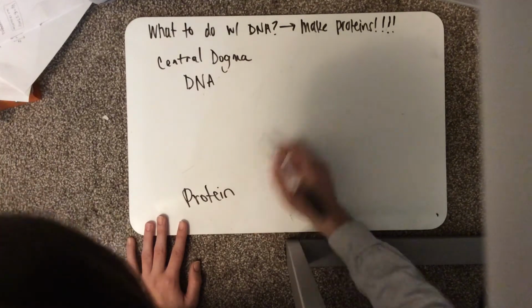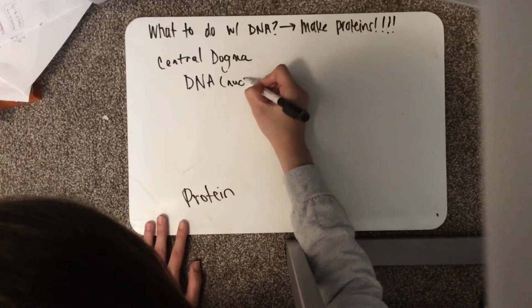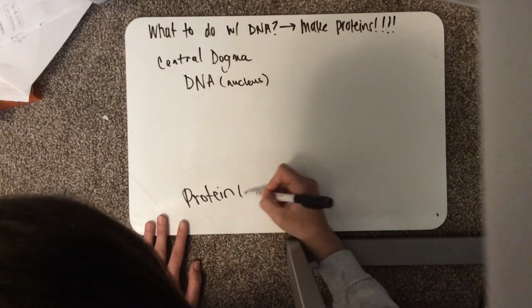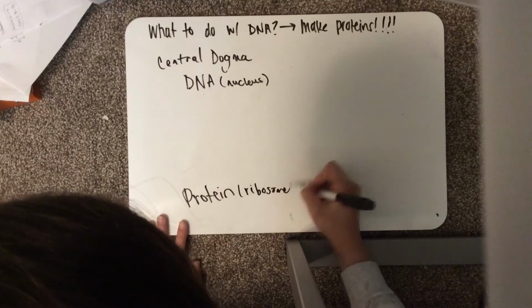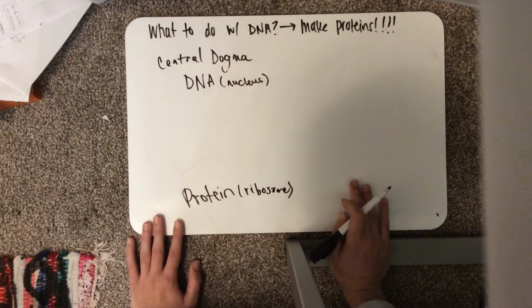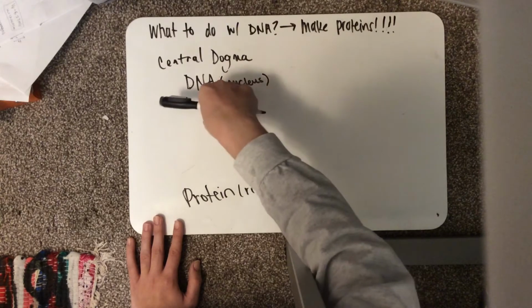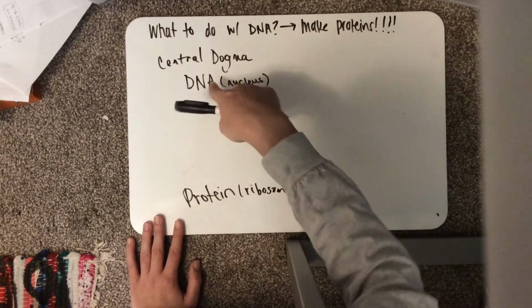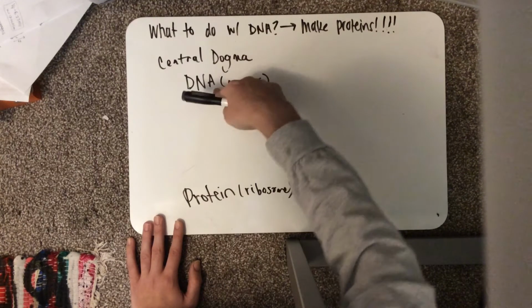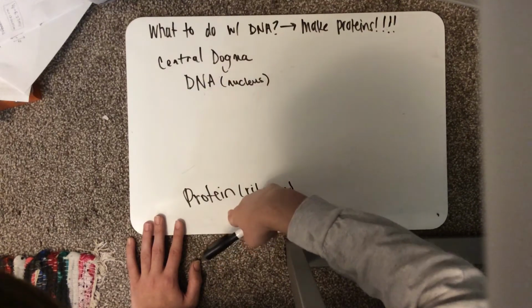The problem is, DNA is located in the nucleus. Proteins are made at the ribosomes, the site of protein synthesis. DNA will not leave that nucleus. Proteins cannot be made anywhere else. So how are we going to get the instructions to the factory?